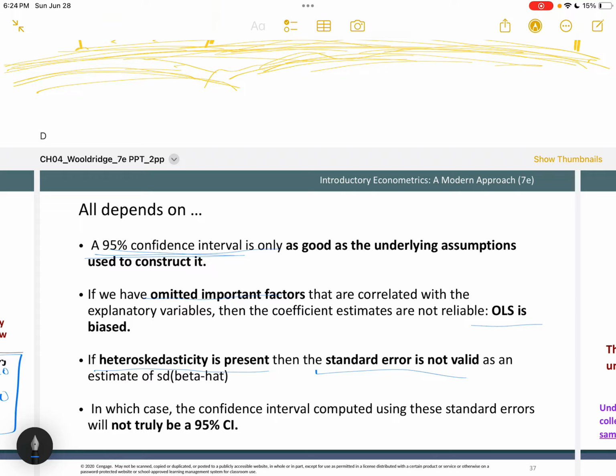You would need to construct a heteroscedasticity robust standard error. That is coming in future lectures. Anyway, if you have these problems, then your 95% confidence interval that you calculated is not truly a 95% confidence interval. It's probably smaller. I mean, your confidence should be smaller.